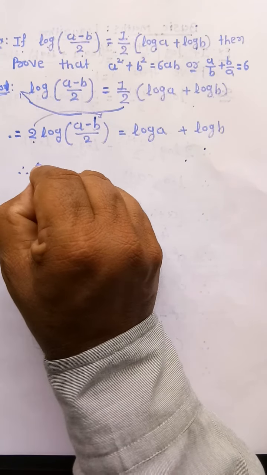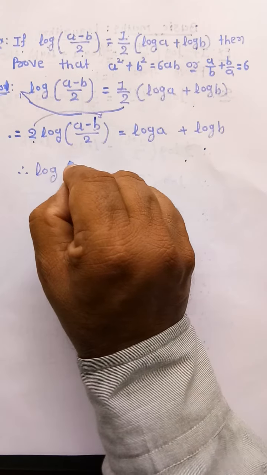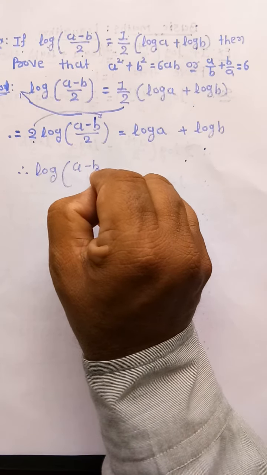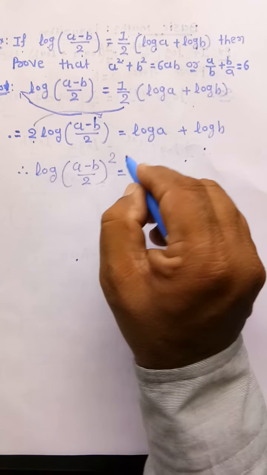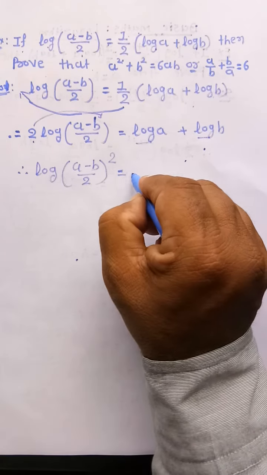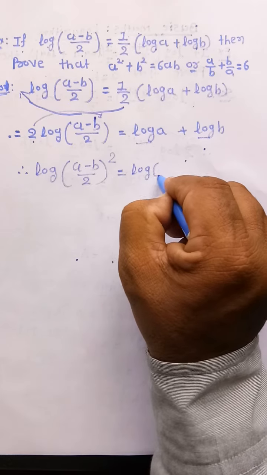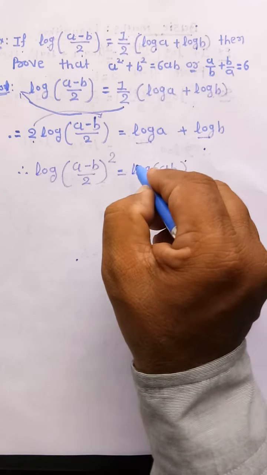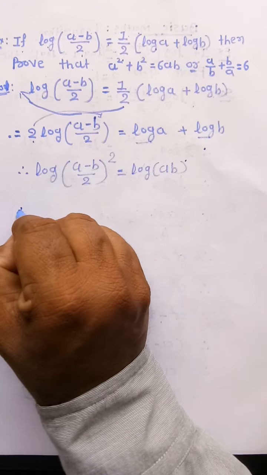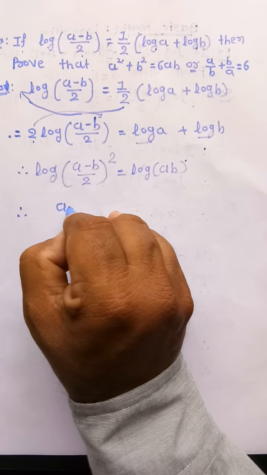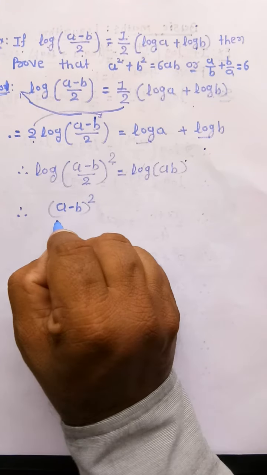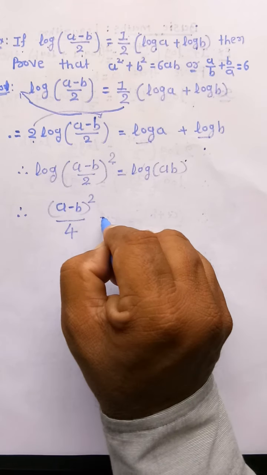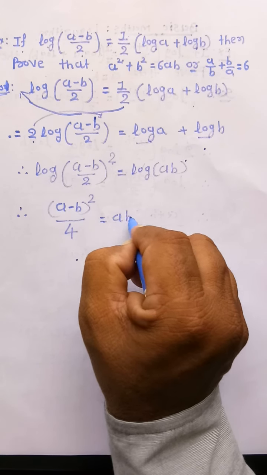So log (a minus b by 2) raised to 2. Now here log is common, then a multiplication b. Now same log cancel, then (a minus b) whole square by 2 square is equal to 4 is equal to ab.